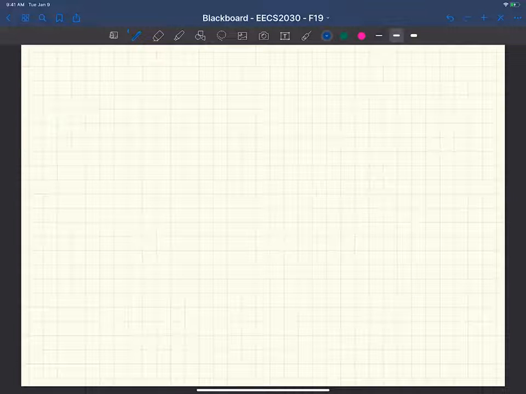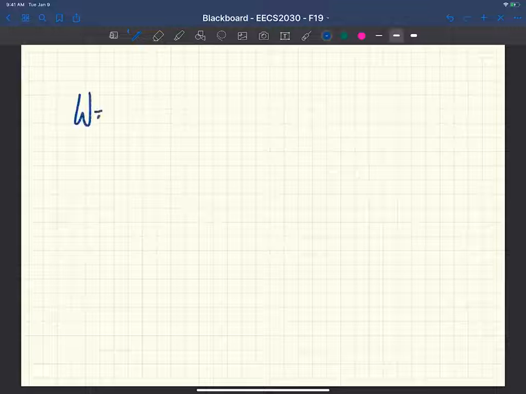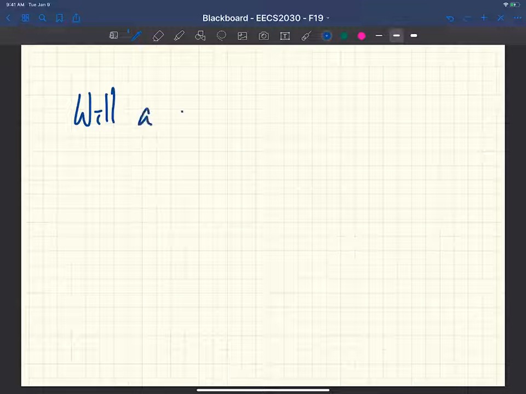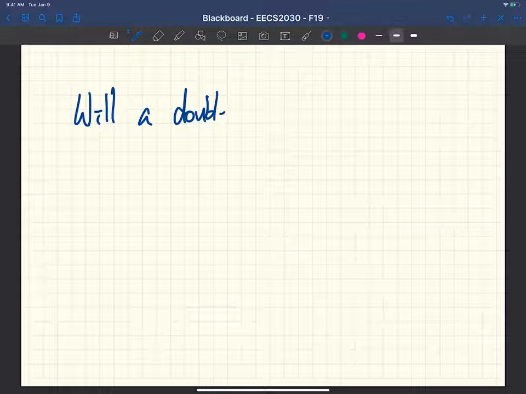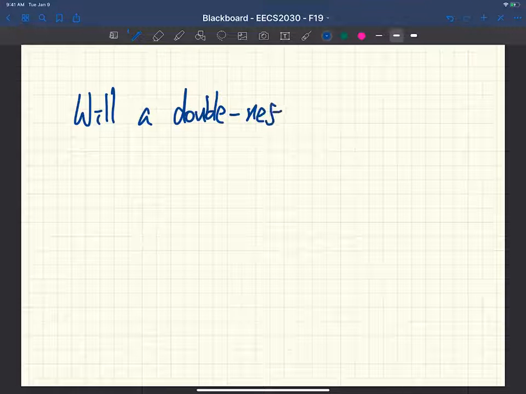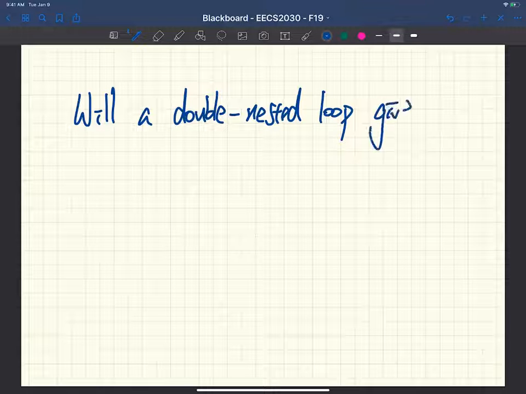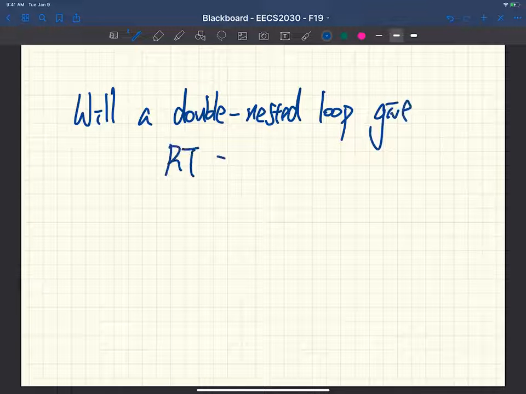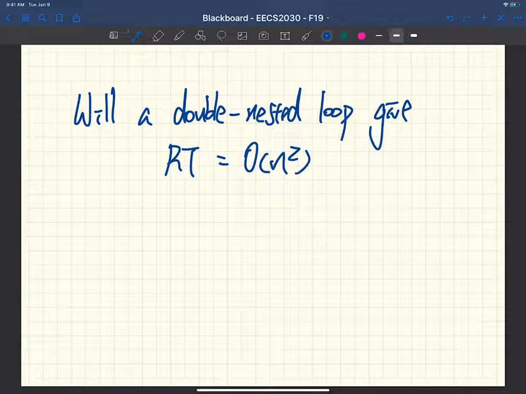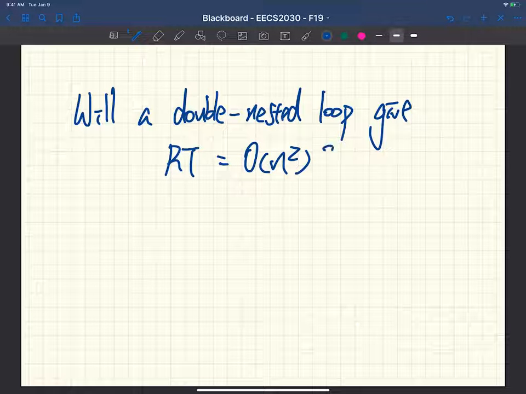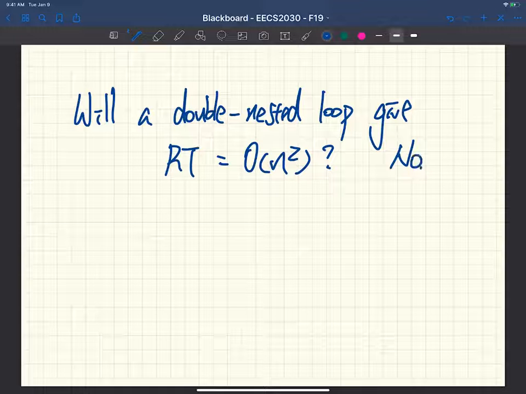The question was, will a double nested loop give running time big O of n squared? In general, the answer is no. I'll give you a counterexample.